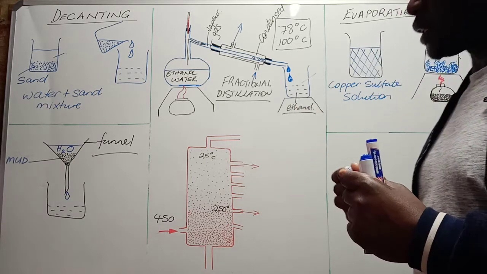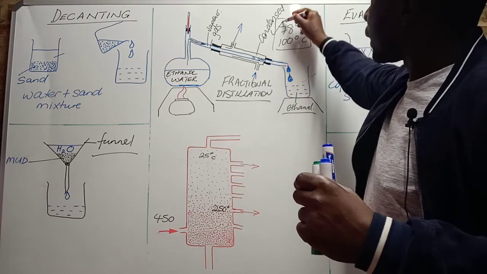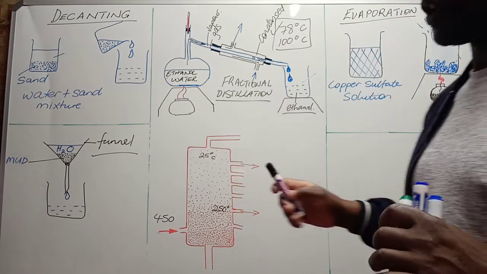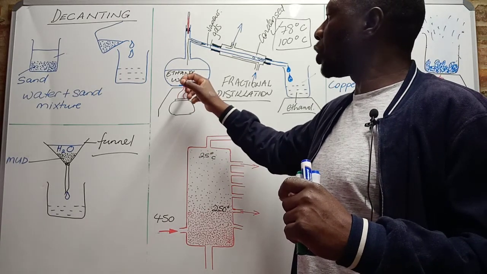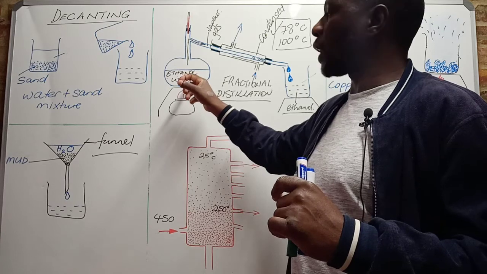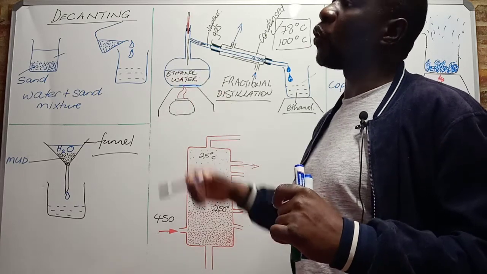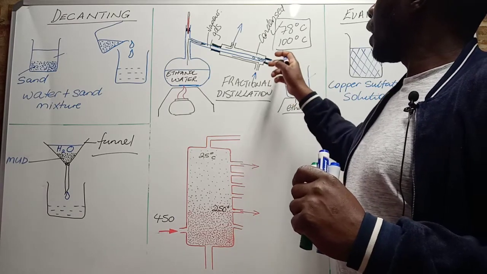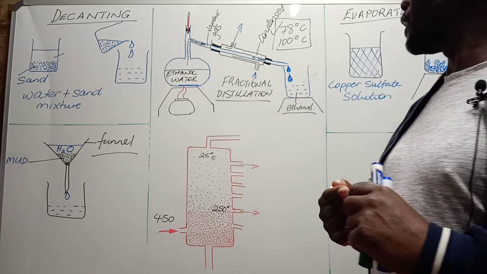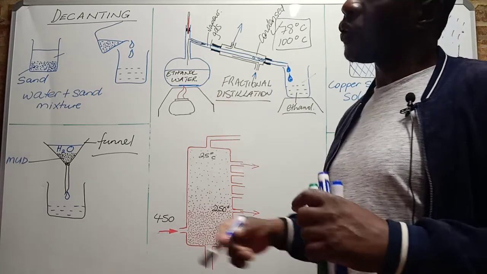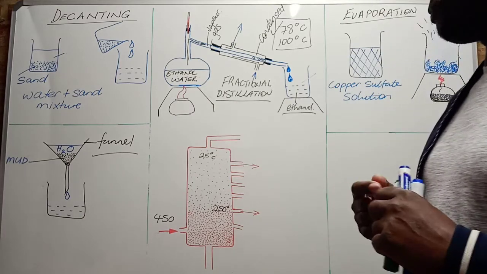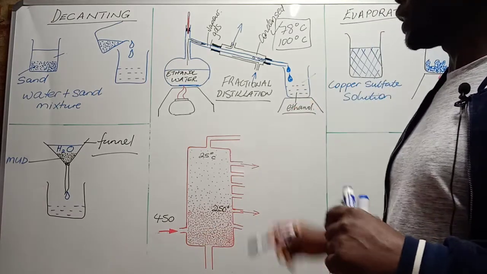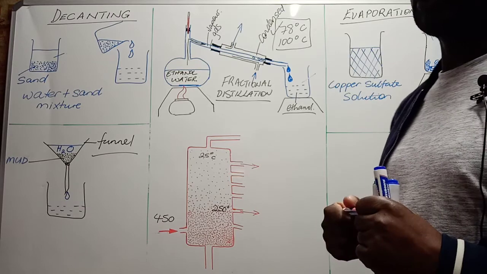What is important is when we reach 78 degrees Celsius, we must maintain the temperature of 78 degrees Celsius because we don't want to reach the boiling point of water before we have collected all our ethanol. If we make a mistake and reach 100 degrees Celsius before our ethanol is totally boiled out, ethanol and water will all boil and we will collect it in the collection beaker, which is not what we want.